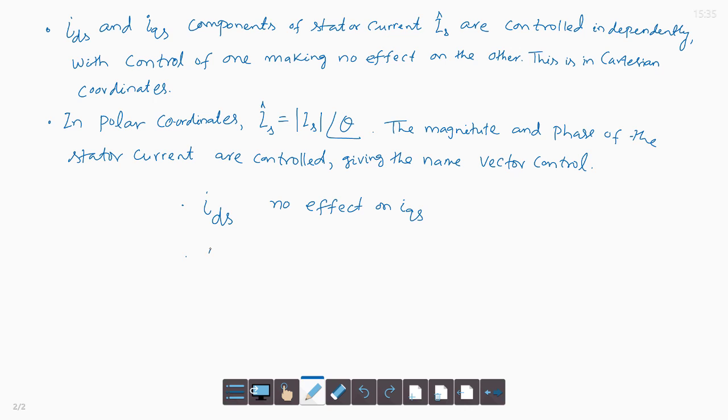And when IQS is controlled, it controls the torque, but no effect on flux, or IDS. Then how is this achieved? That is the technique of vector control which we are going to discuss now. So, we will discuss the principle of vector control.